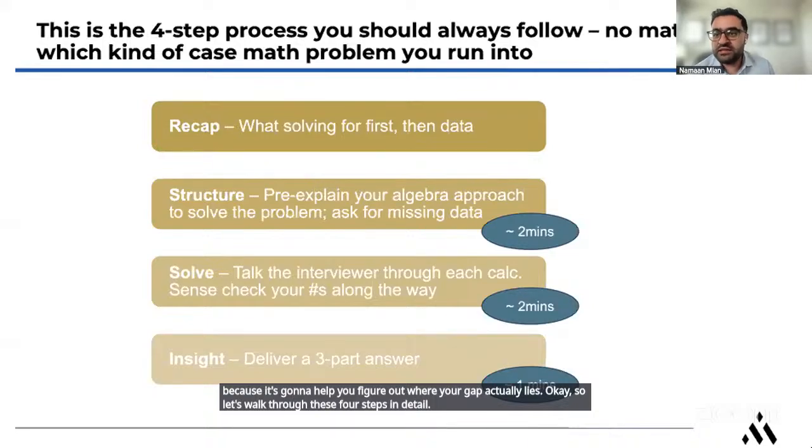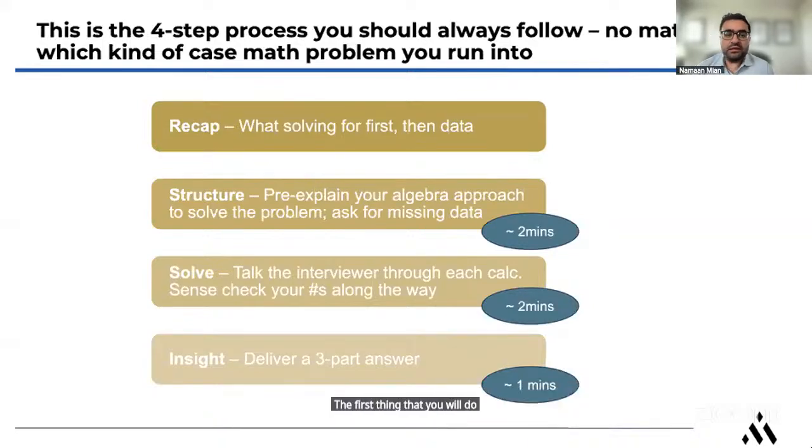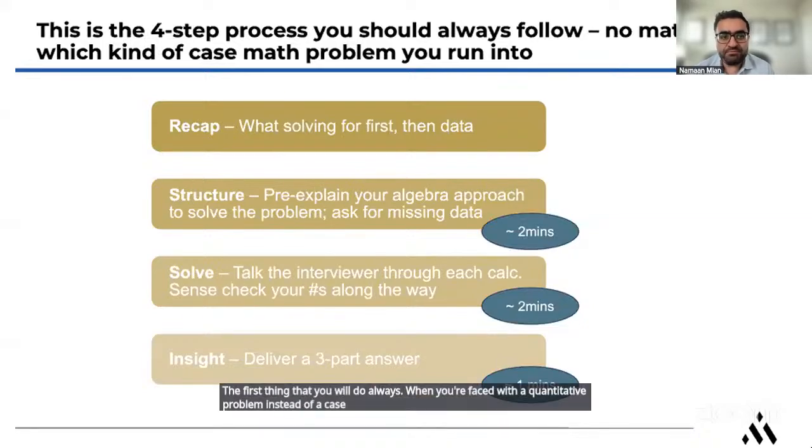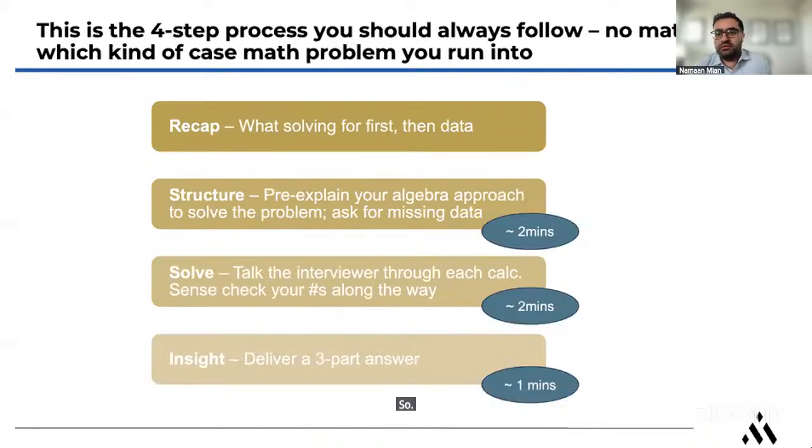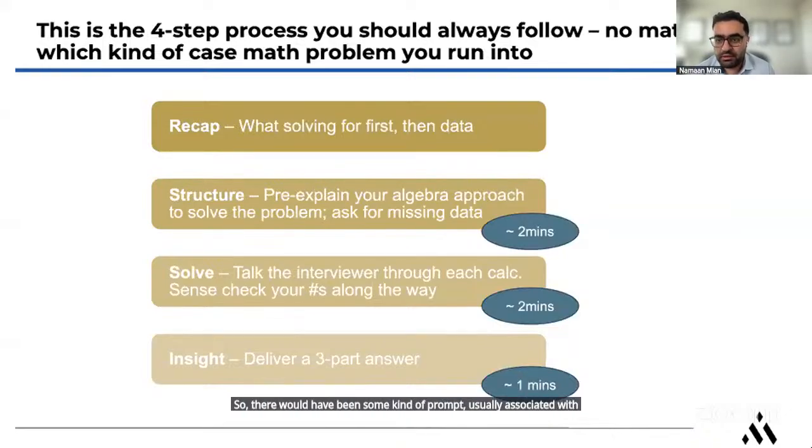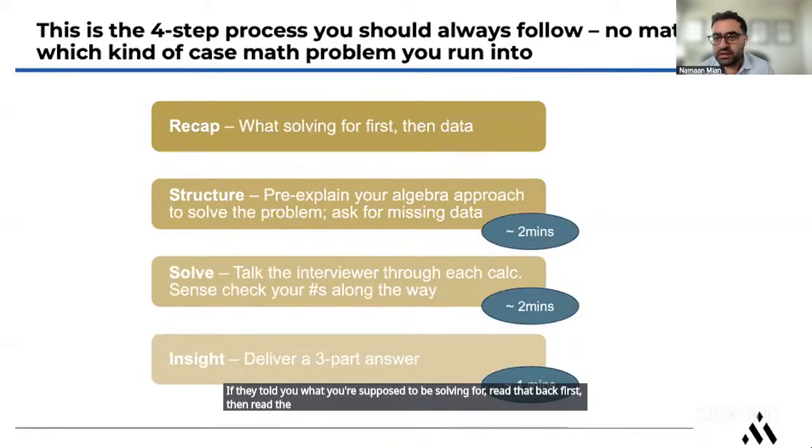The first thing that you will do always when you're faced with a quantitative problem inside of a case is you will recap. So there would have been some kind of prompt usually associated with the math problem. Read back to the interviewer what you just heard them say. If they told you what you're supposed to be solving for, read that back first, then read the data back to them as well.